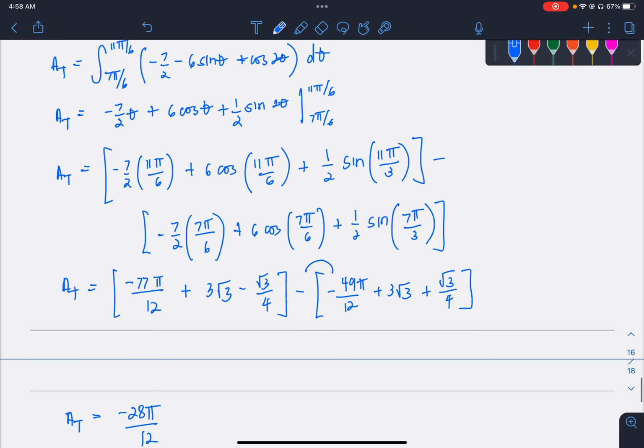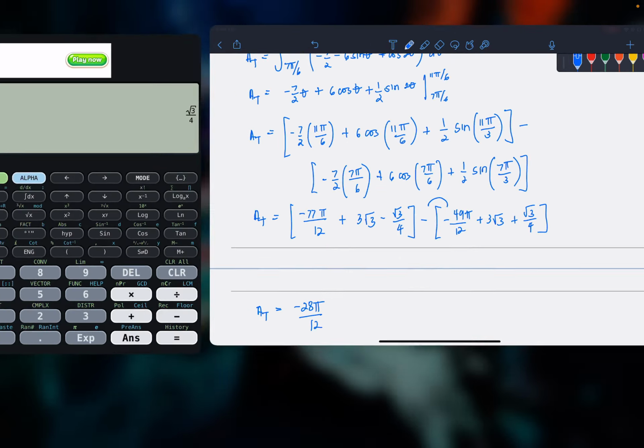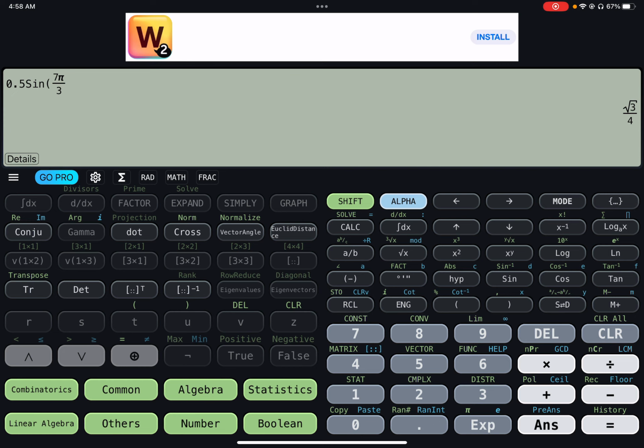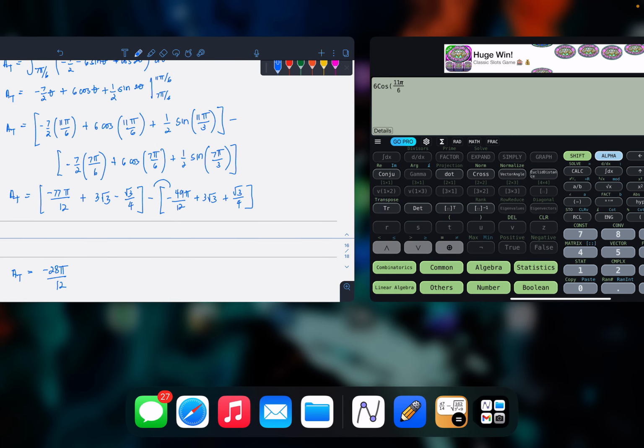Okay, so let me check. There's something wrong with 6 cosine 11 pi all over 6. 6 cosine 11 pi over 6. So it's positive.